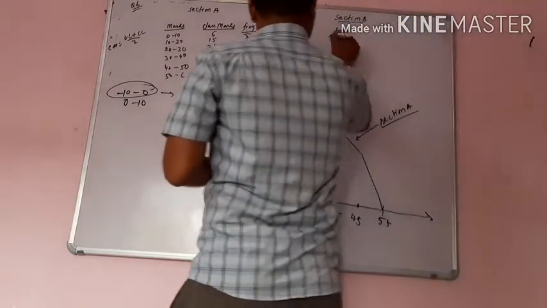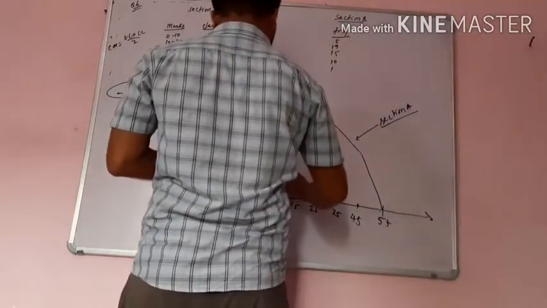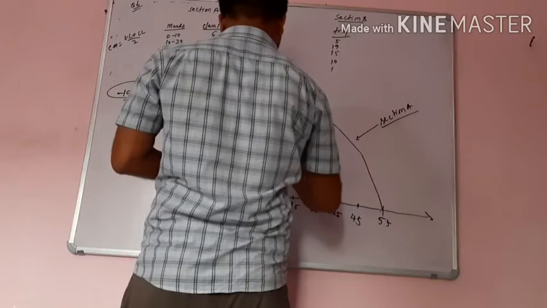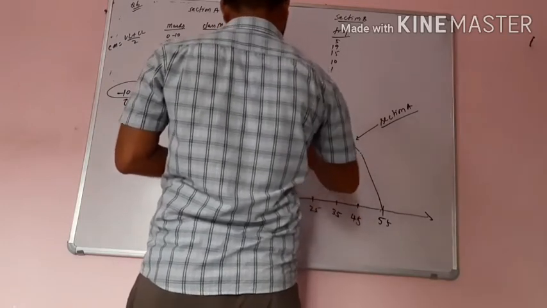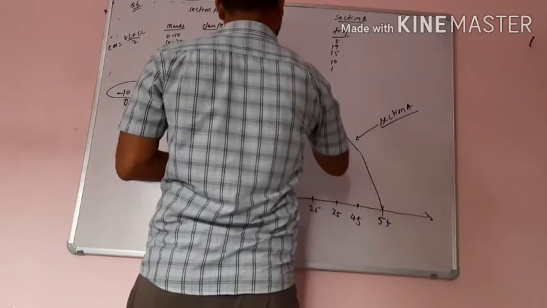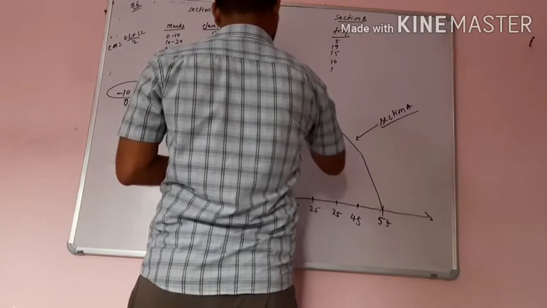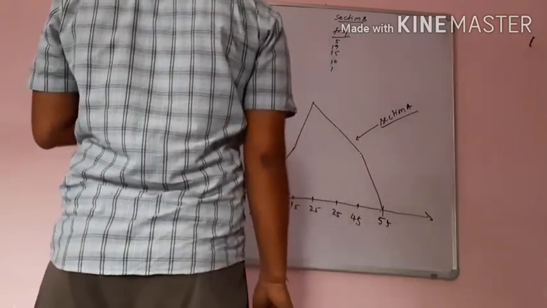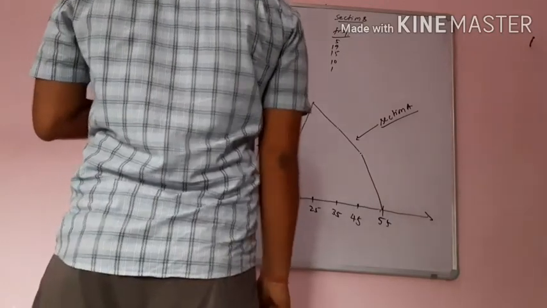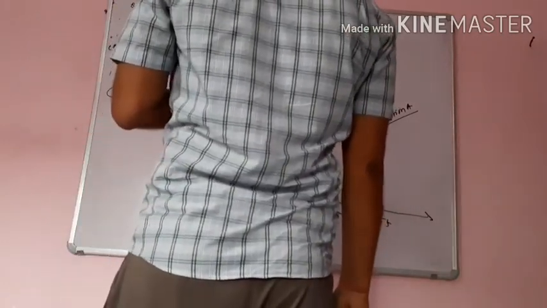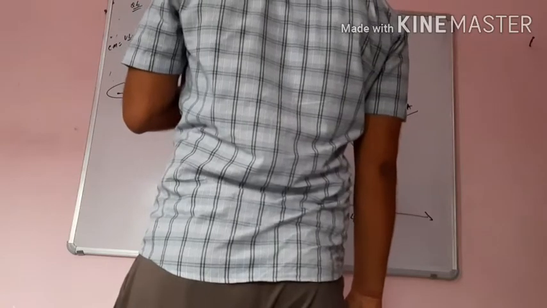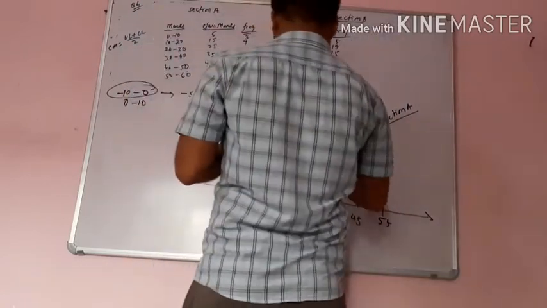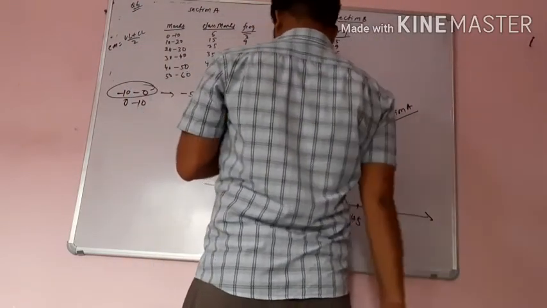Now for section B we will draw: at 5 it is 5. At 15 what is the value? It is 19, so 19 will come here. At 25 it is 15, so 15 will come here.